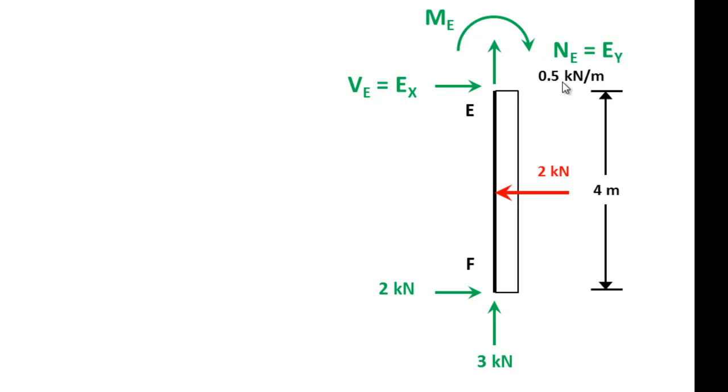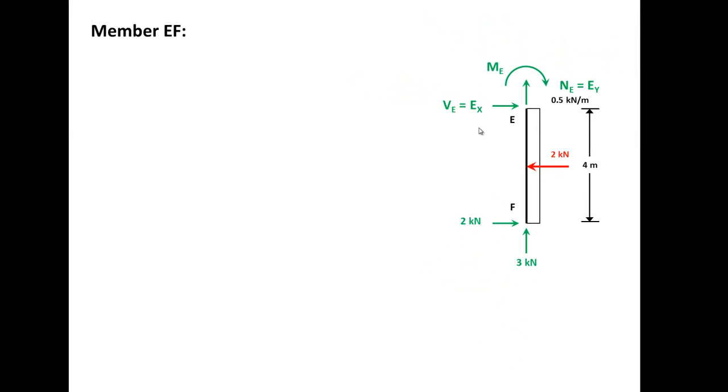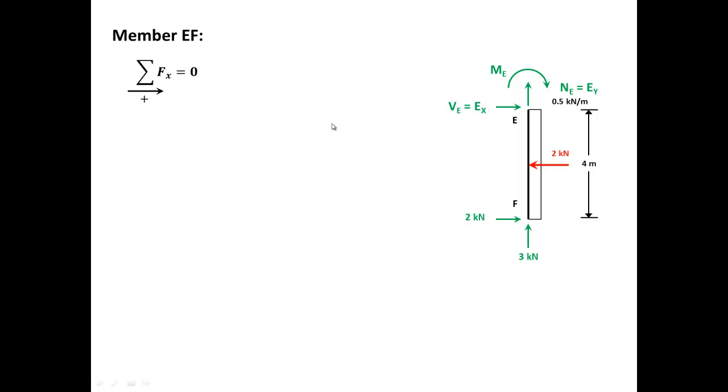And please remember, this is the way we drew the internal forces if we cut the member and tilt our head to the right. Now I have these three unknowns. What I can do is go ahead and do the equilibrium equations.